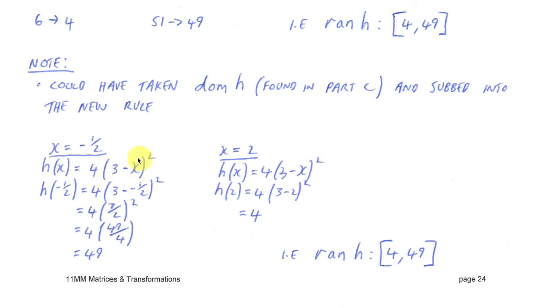So we should be able to substitute x equaling negative a half and produce the corresponding y value, which we do, and you can see it's 49. Then substitute x equaling 2 into the new h of x to produce 4. And what we can conclude here is that the y values for h of x go between 4 and 49, including the 49 and including the 4. This is in line with what we found with the other method above here.